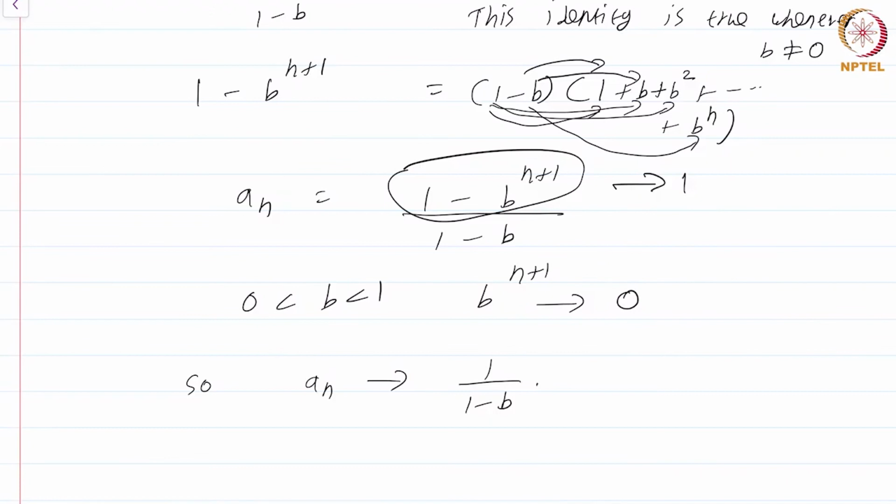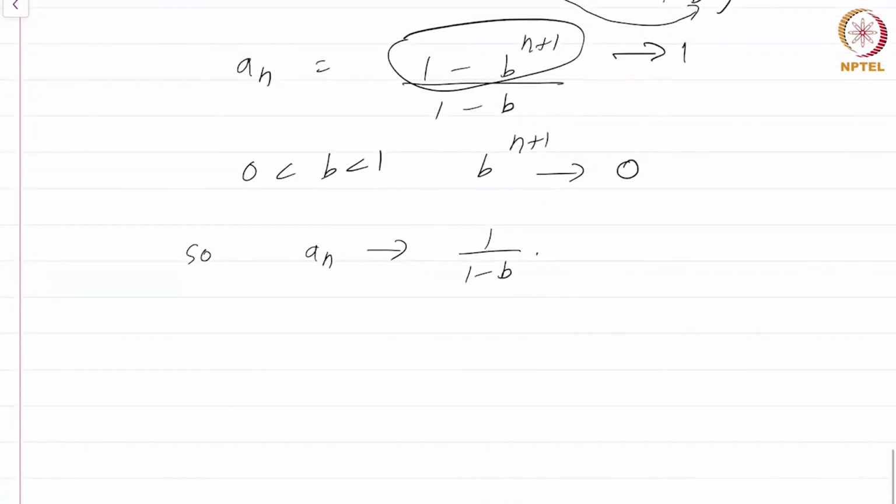Okay, excellent. Now, what happens if -1 < b ≤ 0? Again, I leave it to you as an exercise. Hint: you get exactly the same thing. So this shows that the geometric series converges to 1 by 1 minus b.